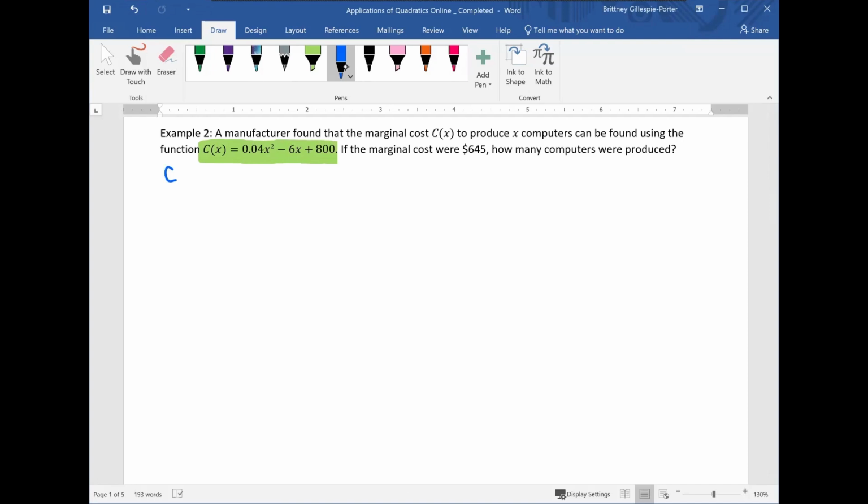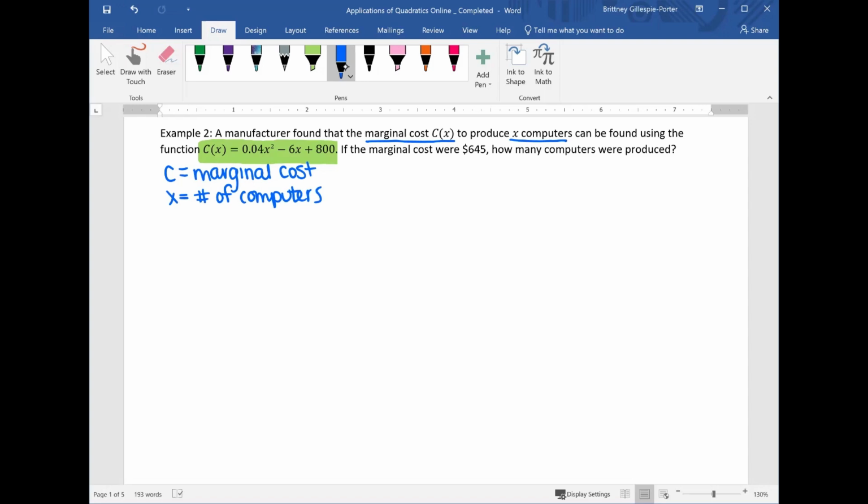So we know that C of x is our marginal cost, and we know that x is the number of computers. Okay. X is computers, C of x is marginal cost.